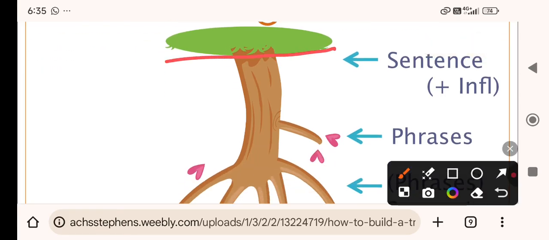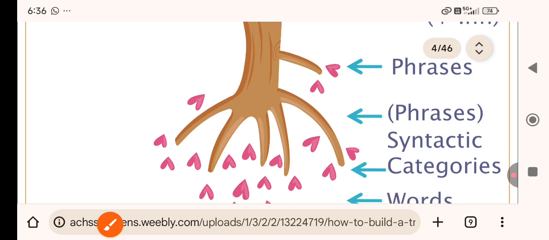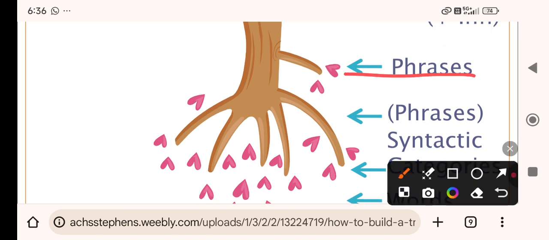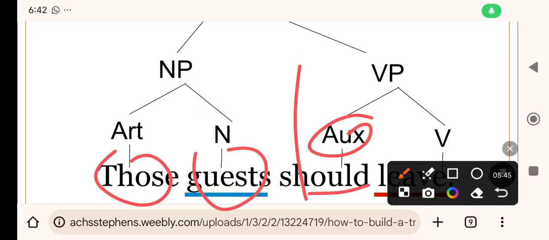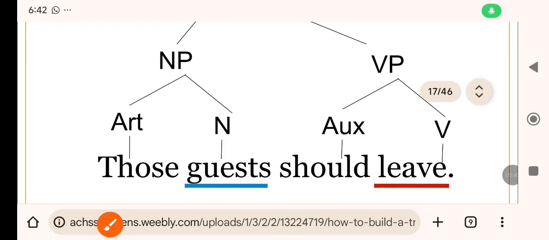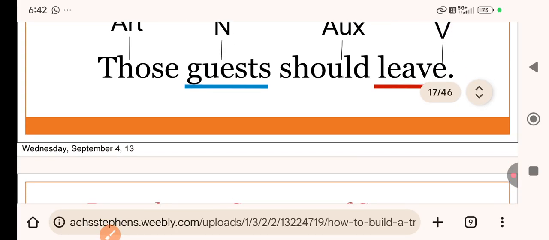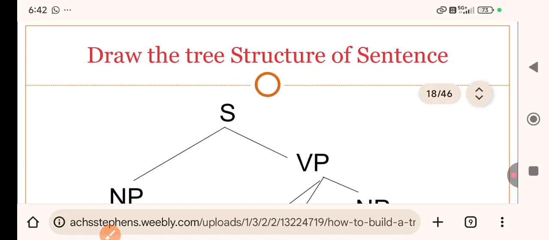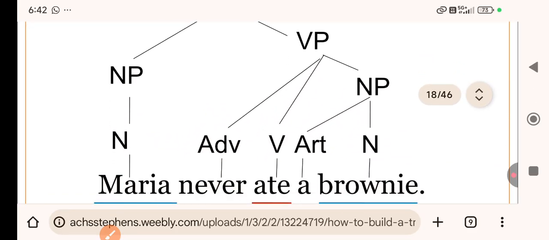The sentence is the root, we can say. Then phrases; syntactic means sentence structure, we can say. Leave, that is a verb, so that's the auxiliary and this is a verb phrase. This is simple. When you write it, you'll be able to understand.